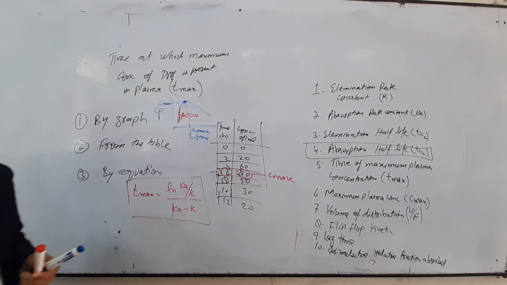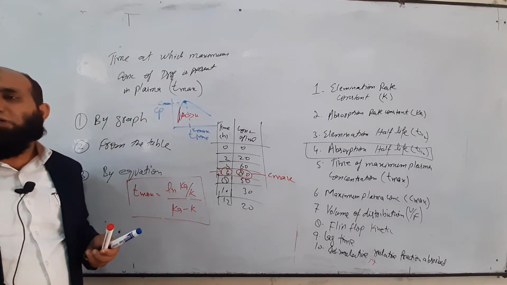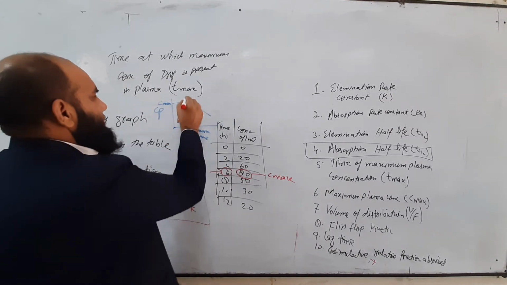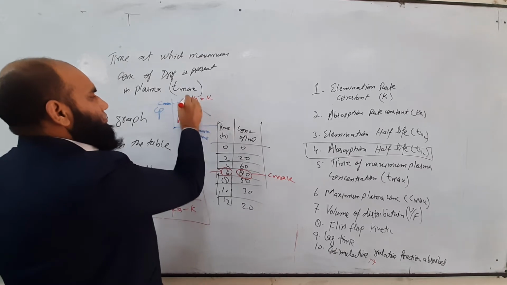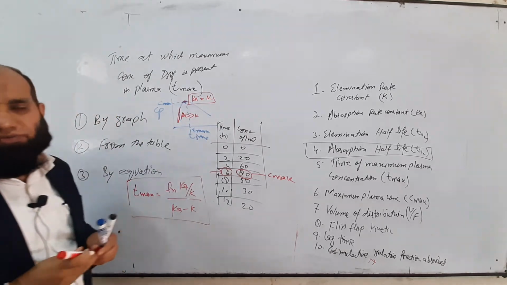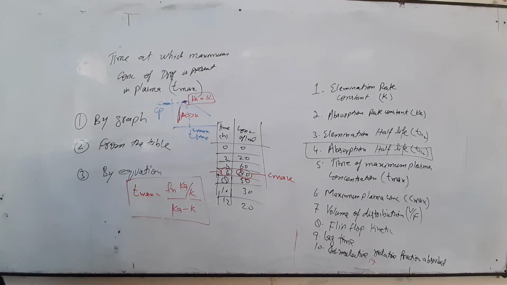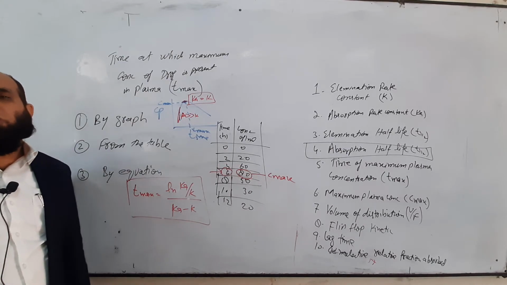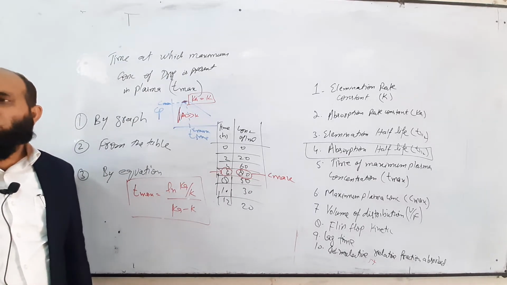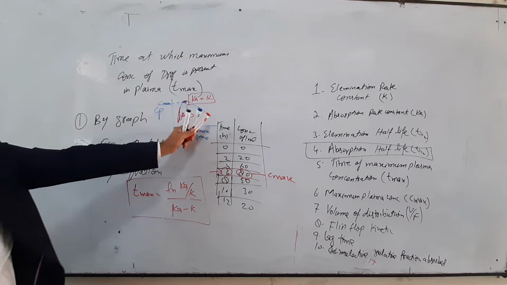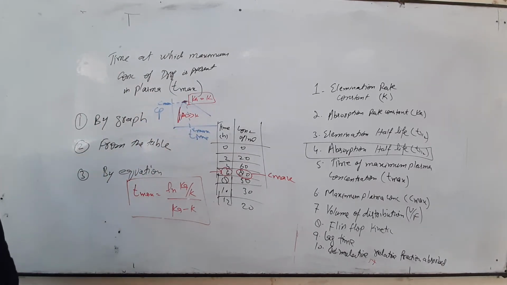With the passage of time, the absorption rate constant decreases and the elimination rate constant gets faster, and the time will come where Ka will become equal to K. This point is actually called Tmax, where the rate at which the drug is getting absorbed will be equal to the rate at which the drug is getting out from the plasma. We will say Ka will be equal to K, and this time will be called Tmax, and this concentration will be called Cmax.